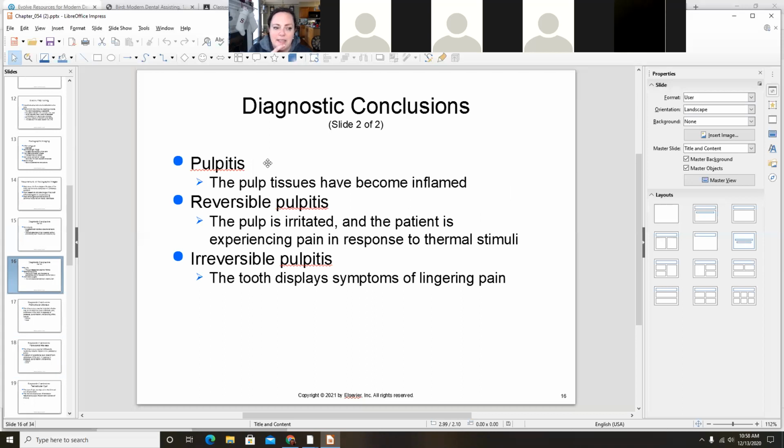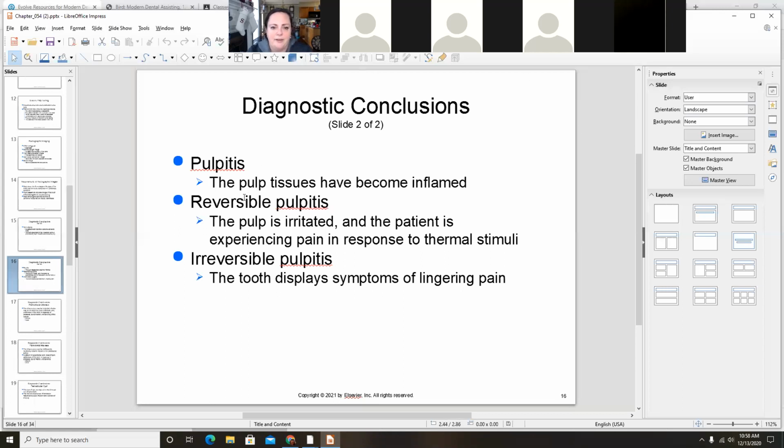If the tooth displays symptoms of lingering pain, what does the patient need? Definitely extraction or root canal. All right. So this is before the root canal is done.